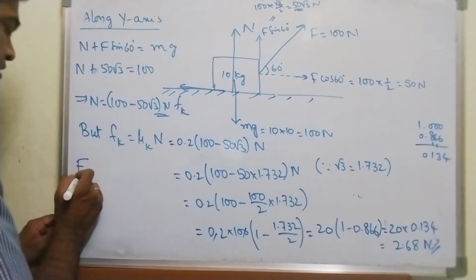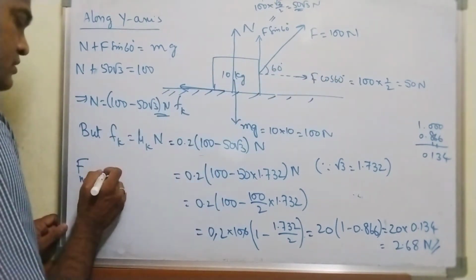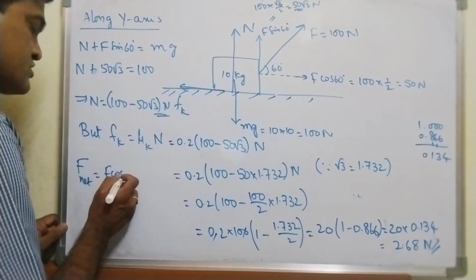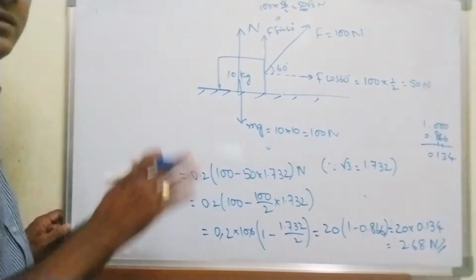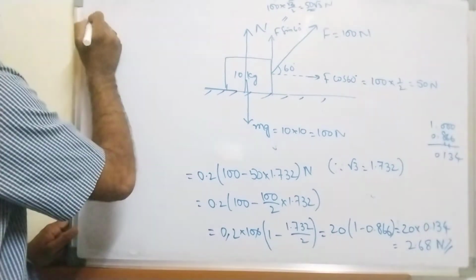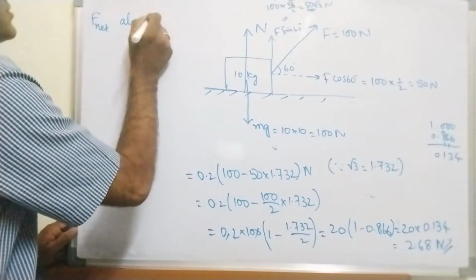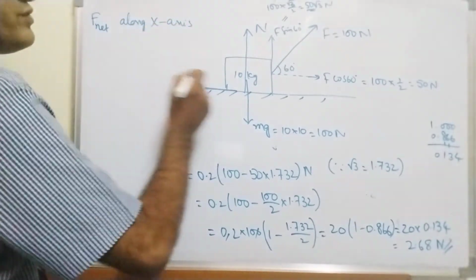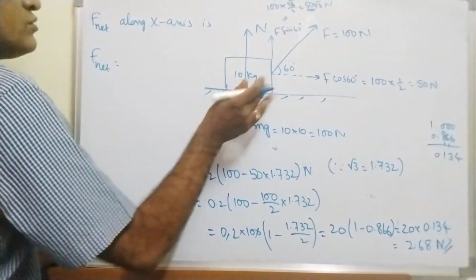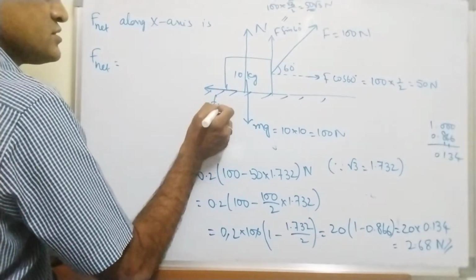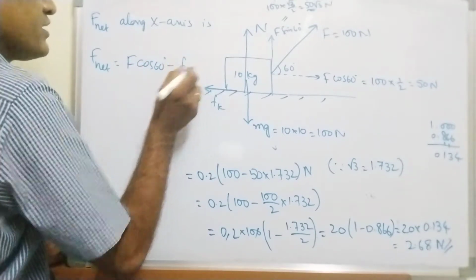So I can write net force. Let me erase this and write here. Net force along x-axis, because it is moving along the horizontal direction, is equal to F cos 60 degrees minus Fk, since frictional force is there.